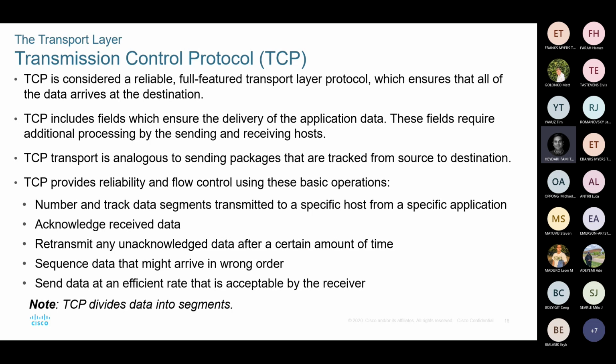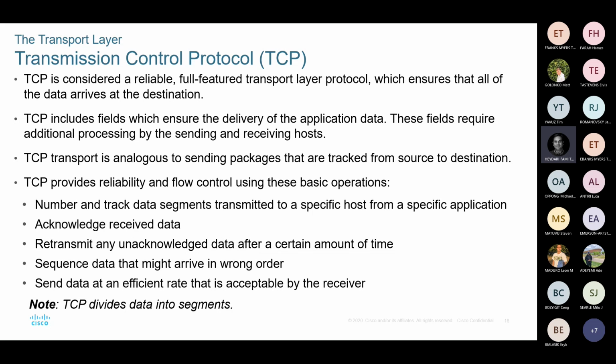TCP is also full-featured, I think I've mentioned that previously, in a sense that it does not allow for out-of-order delivery. In fact, it forces the destination to deliver the received segments in an orderly fashion, in a way that segments 1, 2, 3, 4 are all received first.